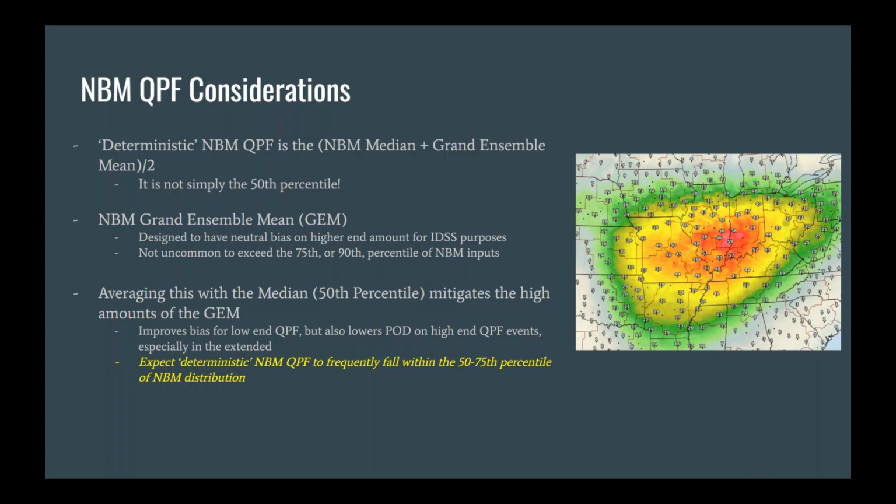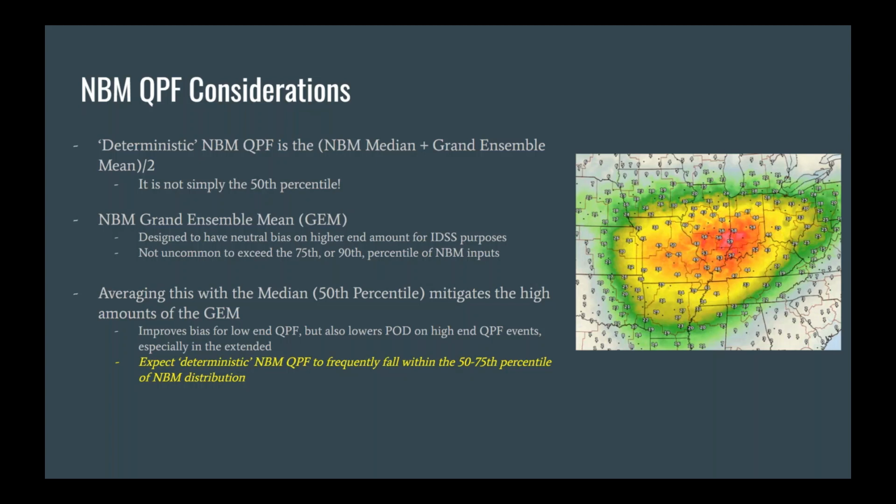What you see in the first bullet is how NBM QPF is now calculated. The deterministic QPF is the NBM median, the 50th percentile, plus the grand ensemble, which means heavy, divided by 2. So the NBM deterministic QPF is not just taking the 50th percentile. It's the median and the grand ensemble divided by 2.